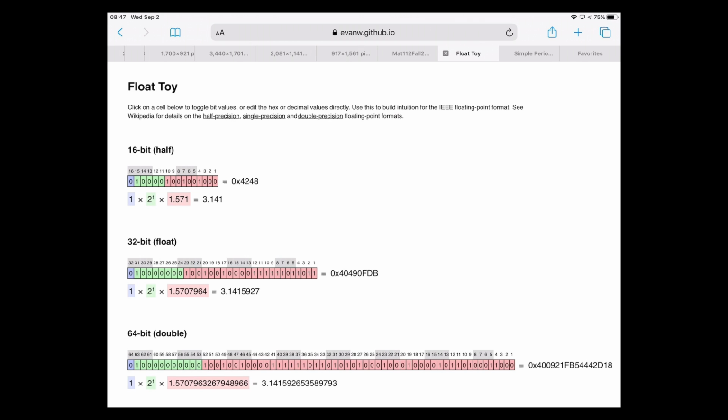Okay, so this is a little trinket website called Float Toy, and I'll put a link to this up on Canvas, for floating point toy. So here, what this has done is show you, and it loads, for example, how to encode pi, the 3.14 number, in the floating point standards for using 16, 32, and 64 bits.